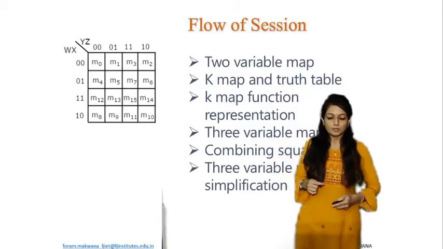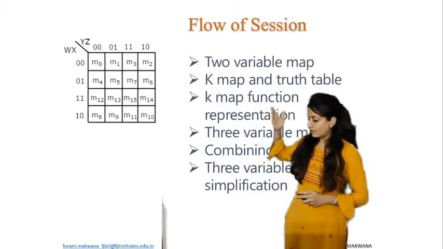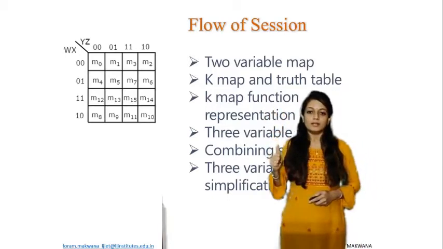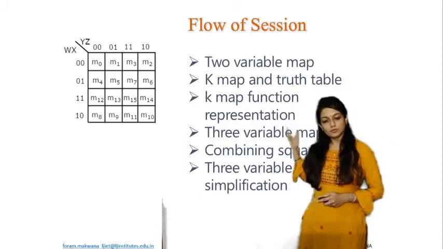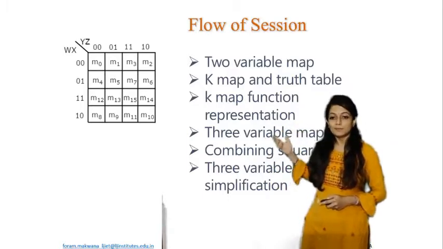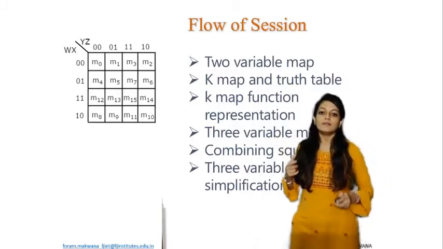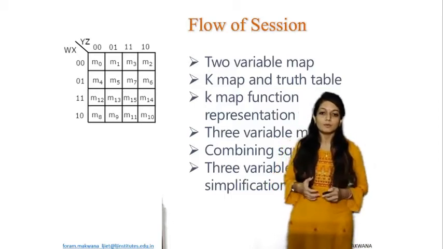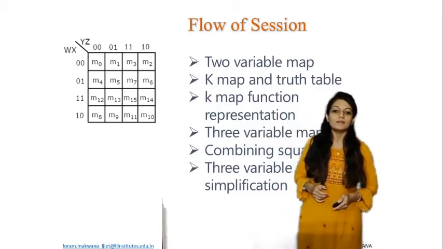Apart from that, we will study the K-map and the truth table, how these 2 variable, 3 variable and 4 variable K-maps are going to be represented with the help of functions. And with the help of the K-map rules, how we are going to minimize the Boolean function.